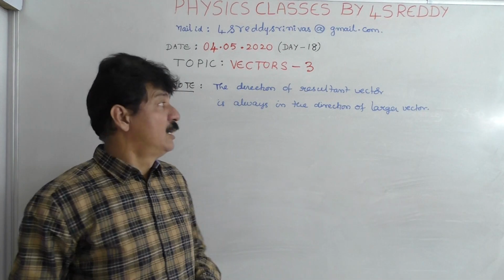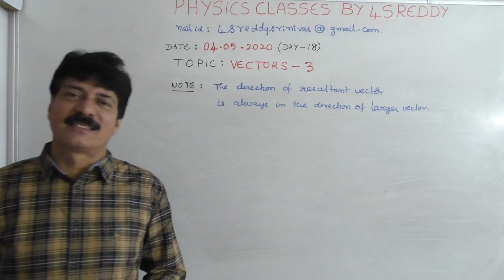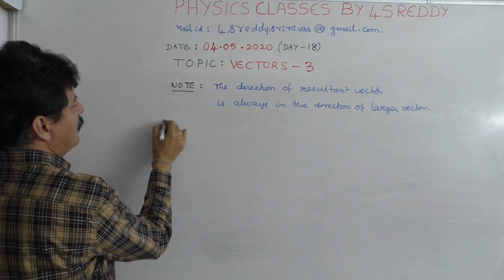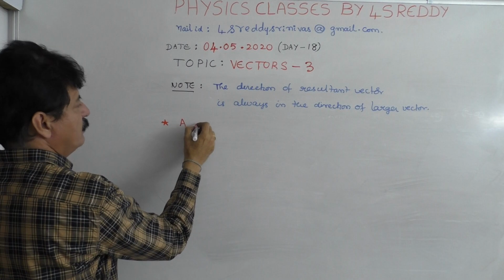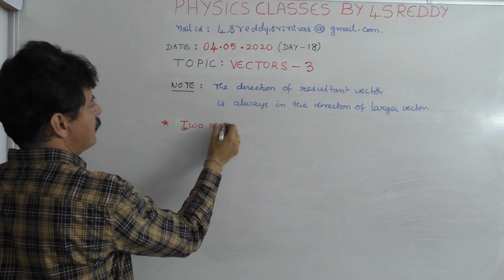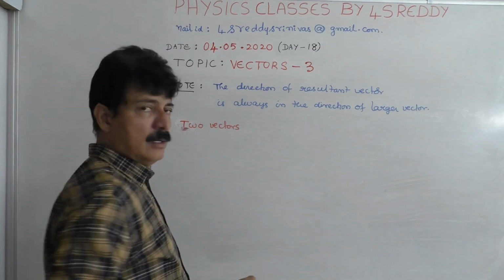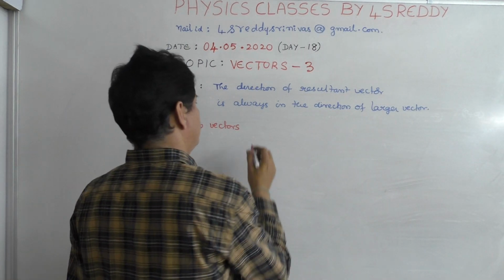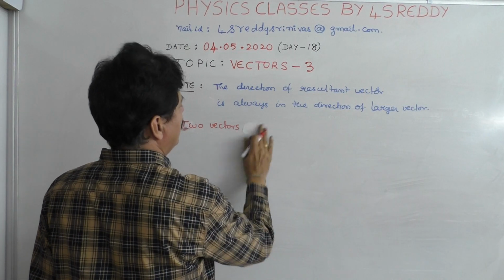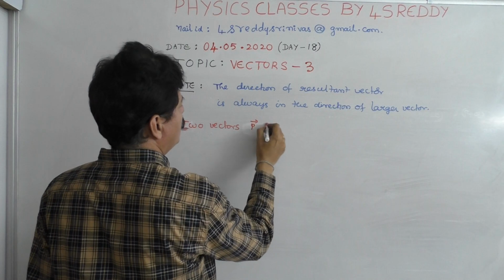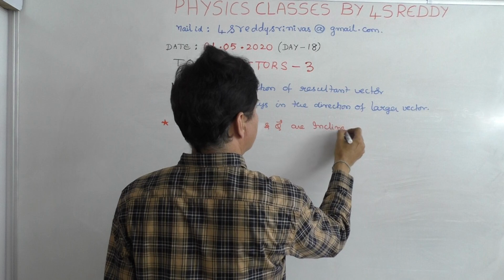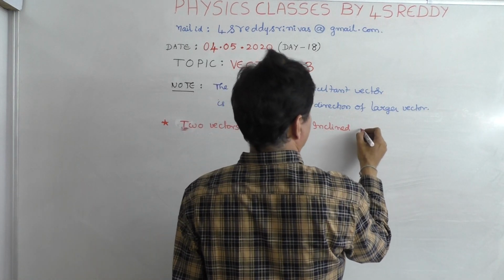Based on that, you may be given a question like this. Two vectors, let us say P bar and Q bar, are inclined at an angle.